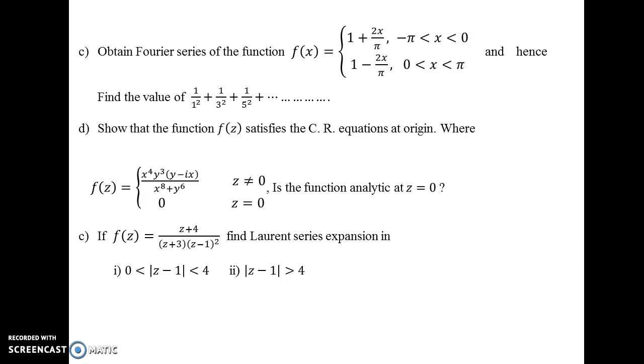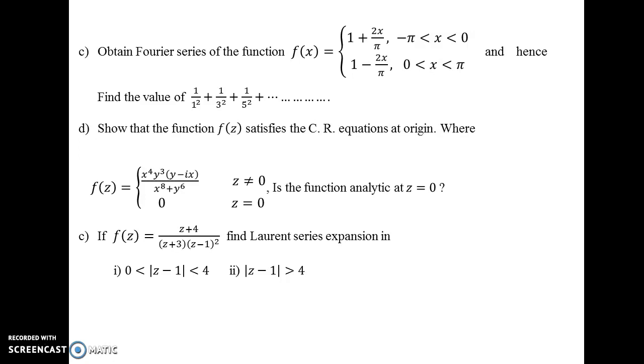Next question, show that the function f(z) satisfies CR equation at origin, where f(z) is given by this one. If the function is analytic at z equal to 0, so first write here f(z), the CR equation like del u by del x equal to limit x tending to 0, u(x, 0) minus u(0) upon x, that will be equal to 0. And like this find out del u by del y, del v by del x, del v by del y, and that satisfied this CR equation.